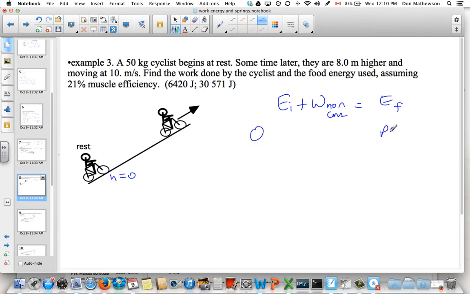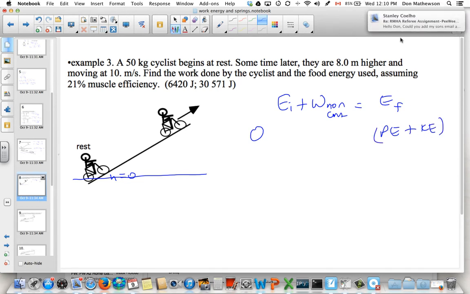At the end, we've got height, because they're above the reference surface down here, and we've got motion. So we've got both of those in the final state. And there was some work done by the cyclist, which will be a certain portion of the amount of food energy that was metabolized. But we just want to find this one in this case.